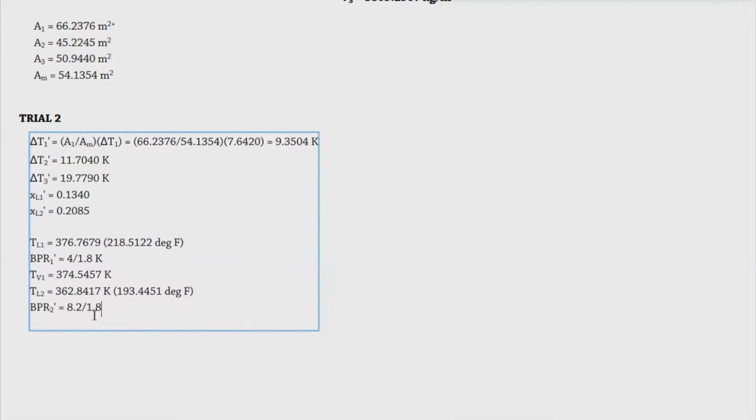So we have 1.8 Kelvin, and then we will be able to get TV2 from this boiling point rise 2. So we just have to subtract that from our value. So our TV2, we have 358.2861.